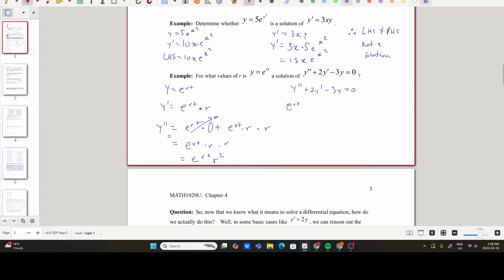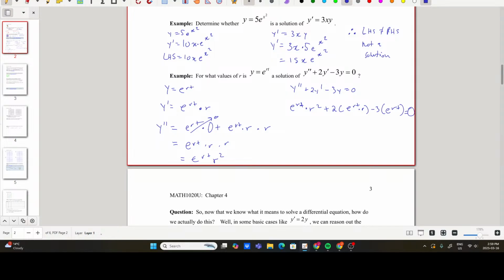That's what our y double prime is, so we can plug everything in here and see what happens. The second derivative is e to the rt times r squared, plus 2 times y prime, which is e to the rt times r, minus 3 times e to the rt, equals 0.